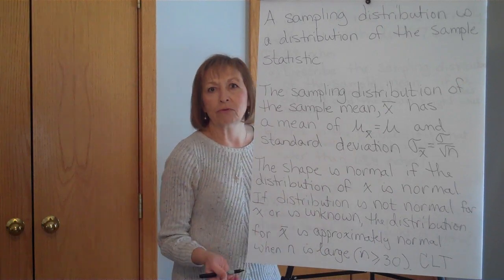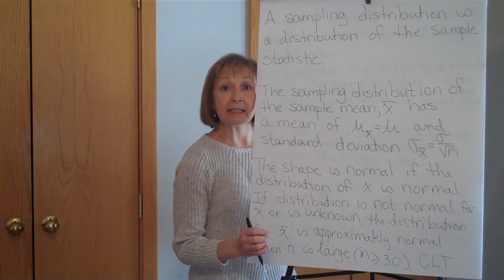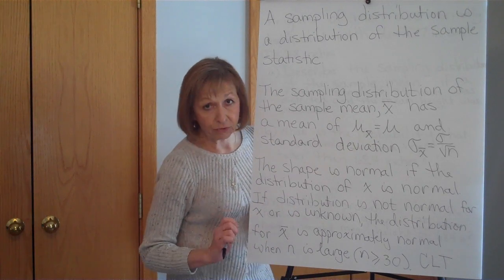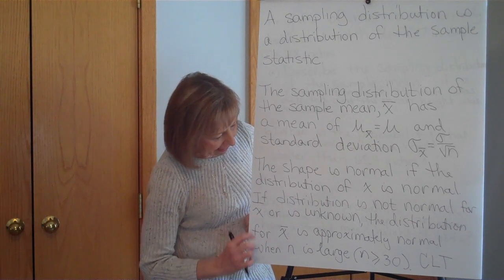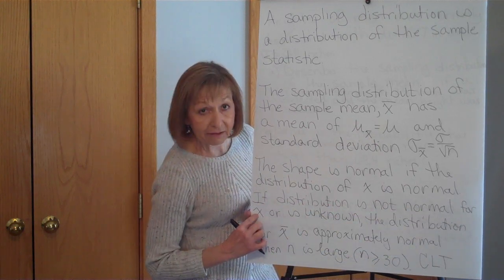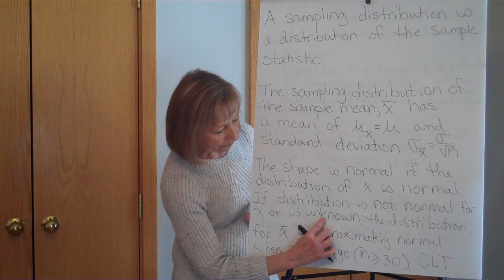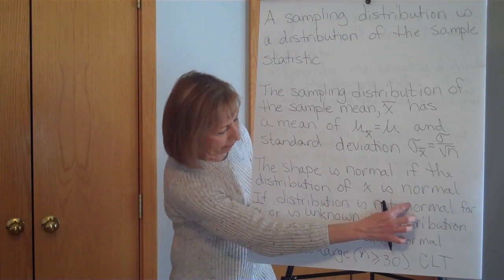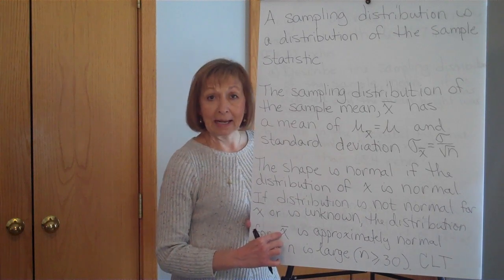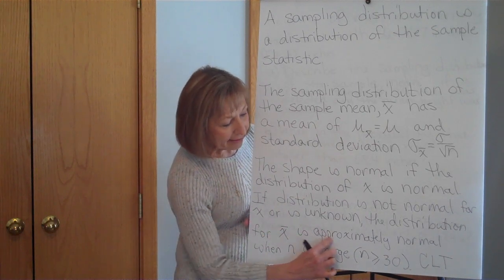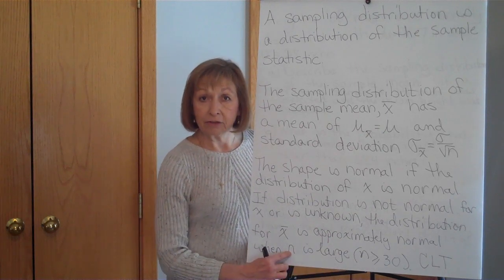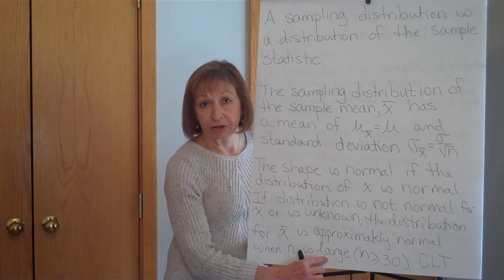Now let's say that you don't know what the distribution of x is, or that you know it's not normal. Well, in that case, the central limit theorem kicks in. It says if the distribution is not known for the individual numbers, or is not normal, the distribution for the sample means is still going to be approximately normal when n, your sample size, is large.